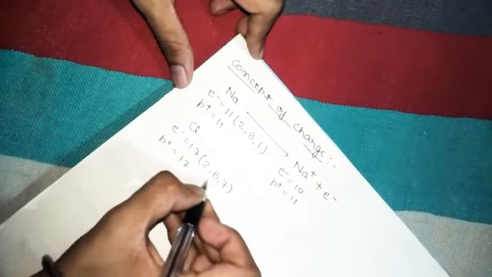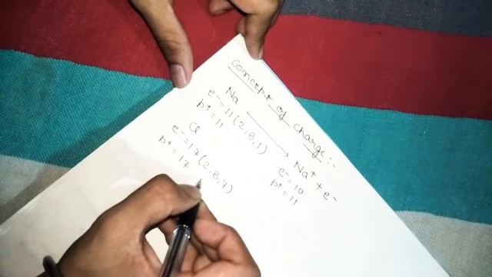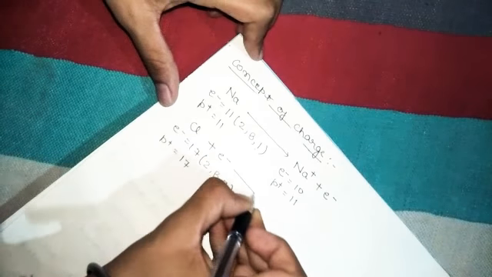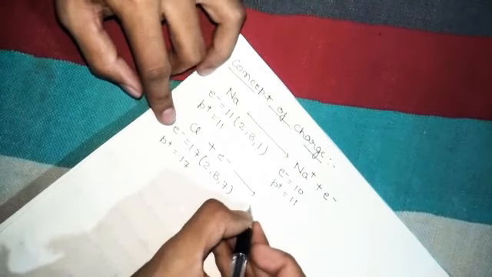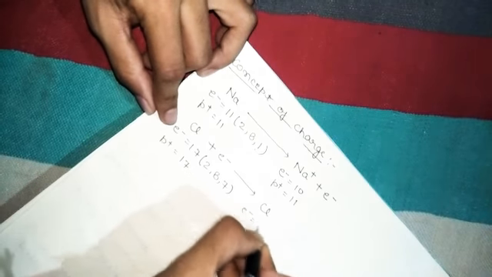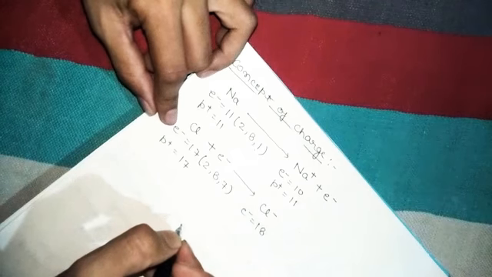Now, if one electron is given to it, it can complete its octet. That is why one electron is given to it, due to which electrons become 18. That is why there is a negative sign.